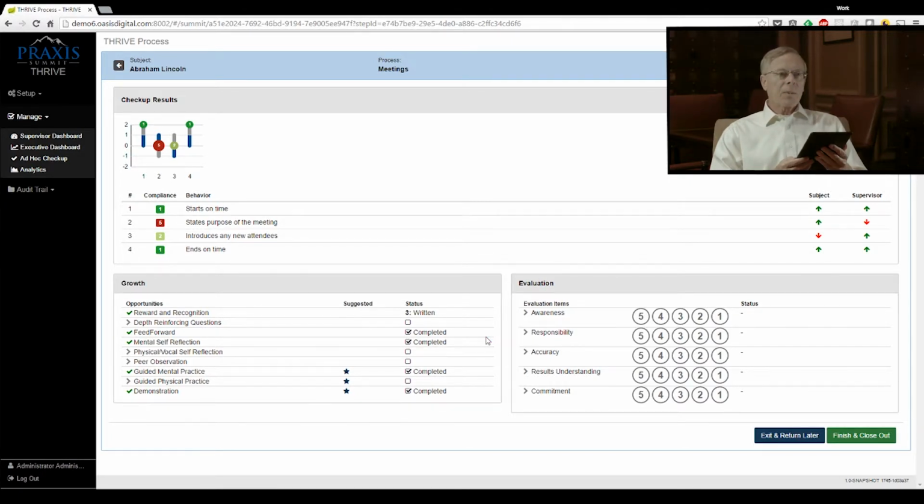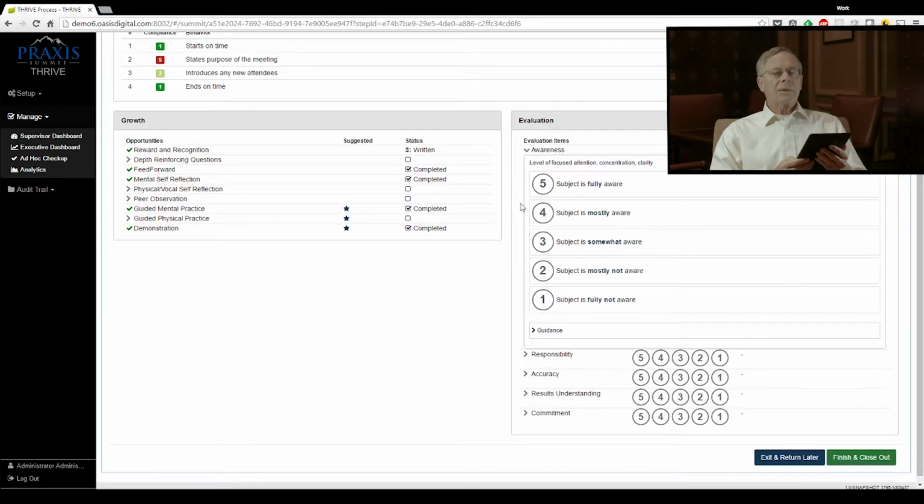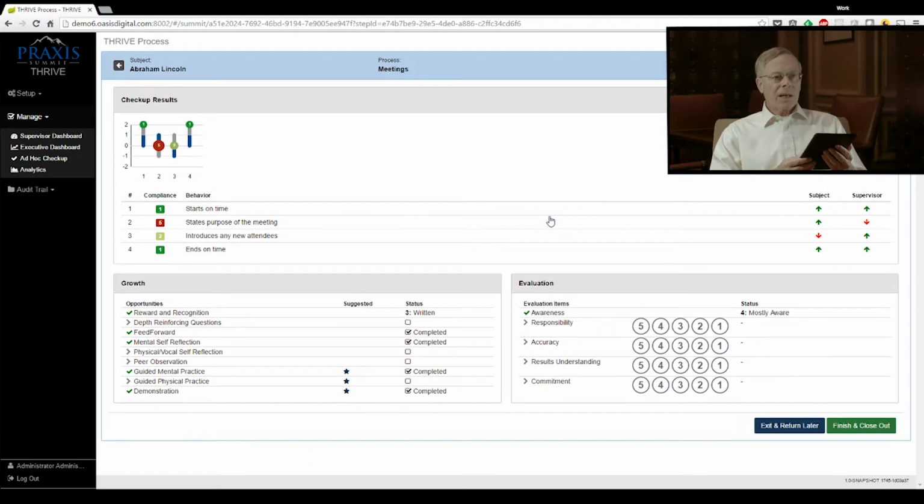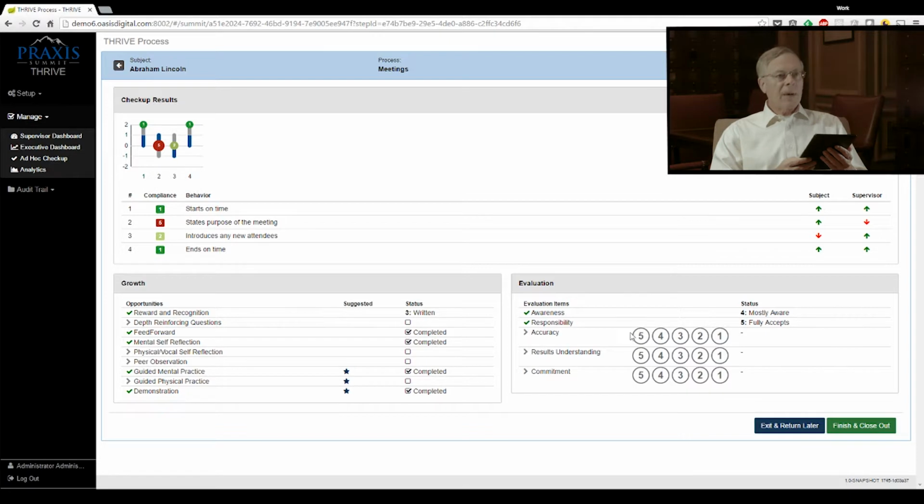There's also an opportunity for the supervisor to evaluate certain aspects of this Thrive process. Very important to learning is how aware the employee is. Do they understand the process? Do they understand the results? Do they feel like they're responsible for it? Are they committed to it?